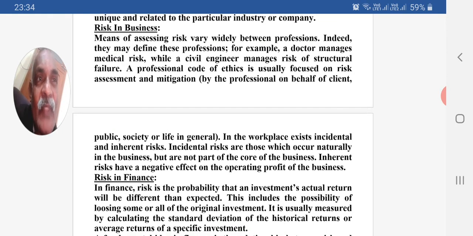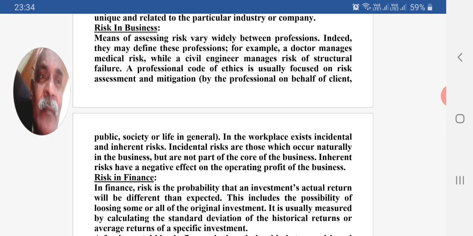Now, risk in business. Means of assessing risk vary widely between professions. They may define these professions, for example the doctor's profession, the engineering profession. Doctors manage medical risk. A civil engineer manages the risk of structural failure. So a professional code of ethics is usually focused on risk assessment and mitigation.